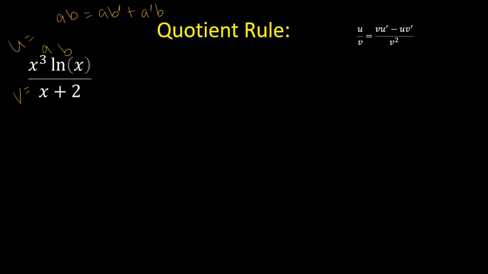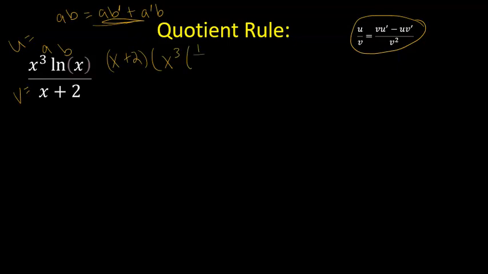So it wants me to use this formula. So I'm going to do x plus 2 for the denominator. The numerator is going to be this formula, right? So I'm going to have a really long top part. So let's see. That's going to be x to the third.